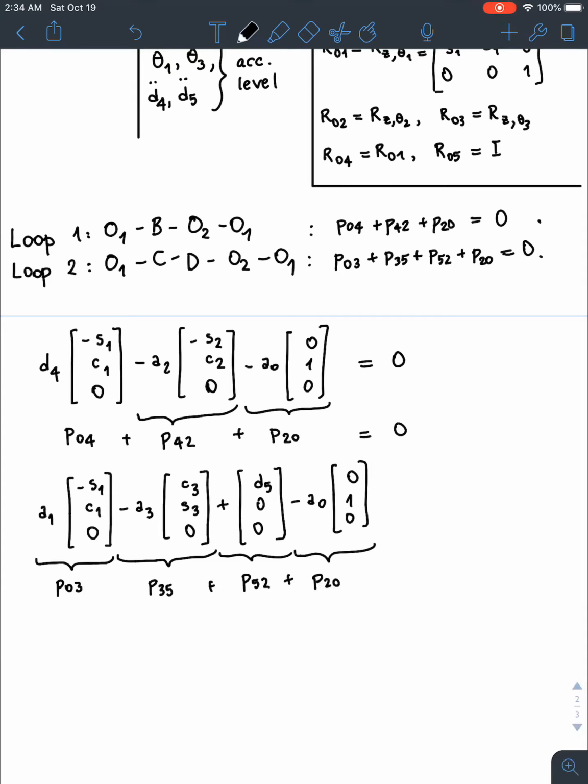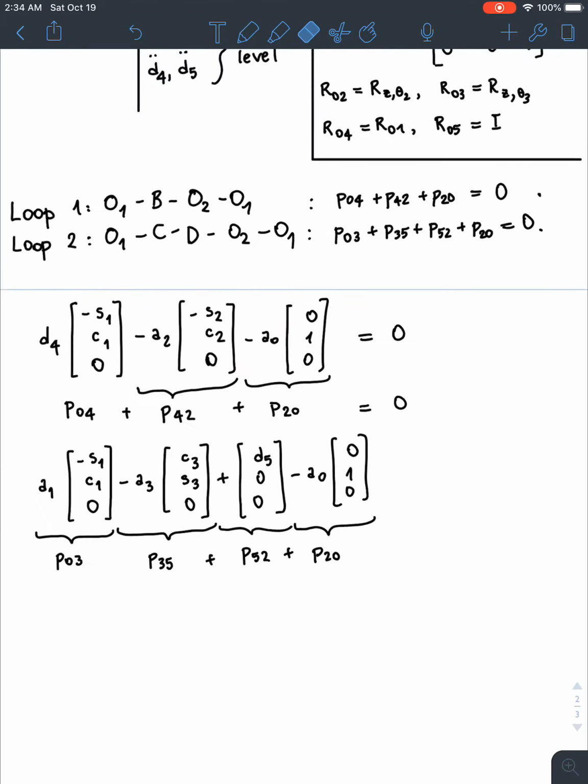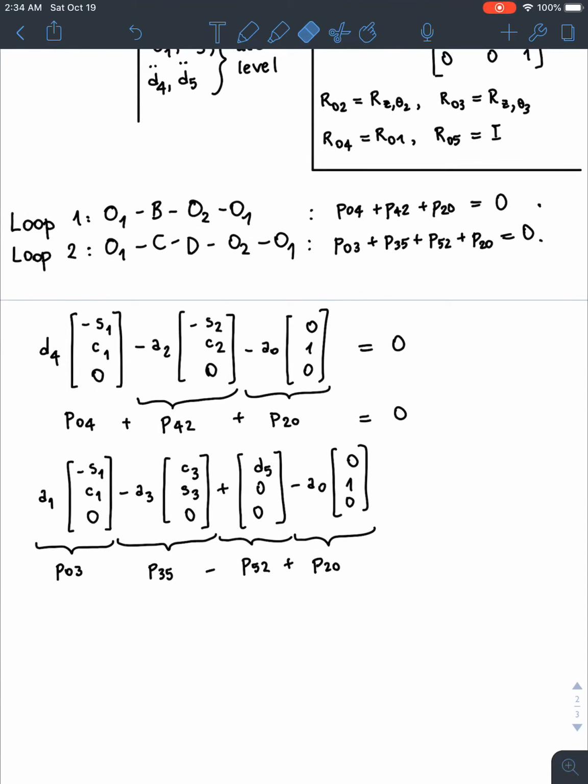And we're adding these. Equals 0. So here are our position level loop equations 1 and 2 in coordinate form.